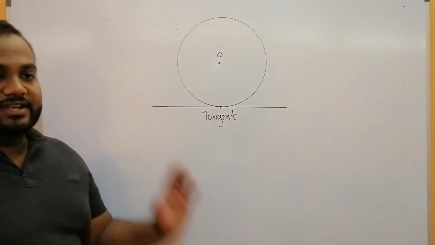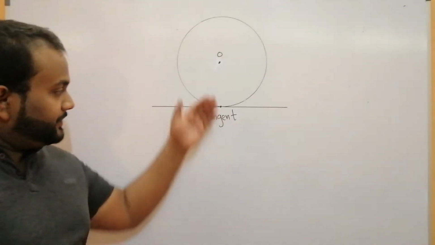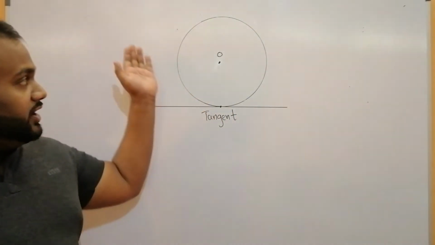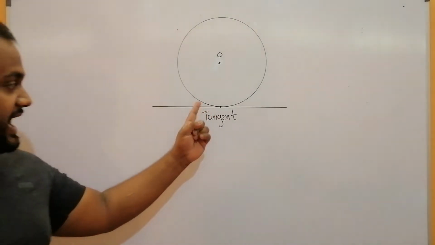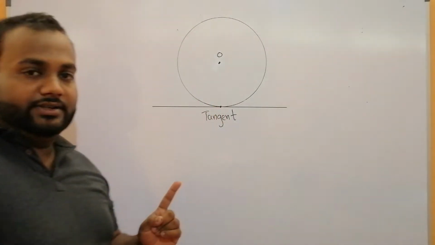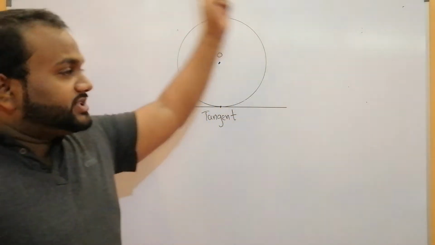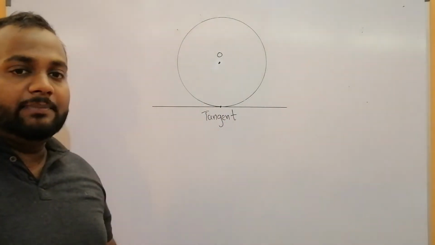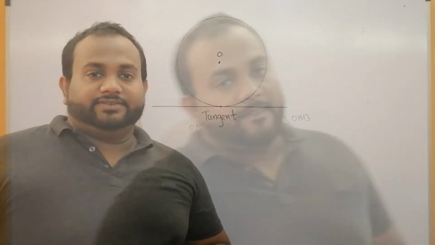Next, we have the tangent. A tangent is a line drawn not from the inside, but from outside the circle. It touches the circle at a single point. Again, a straight line which is drawn outside of the circle but touches the circle at a single point is known as the tangent.